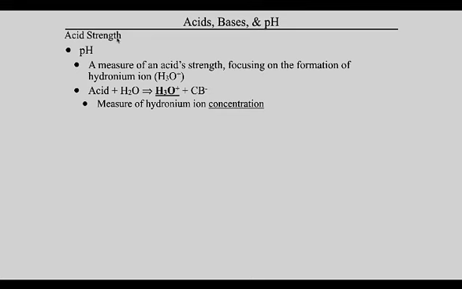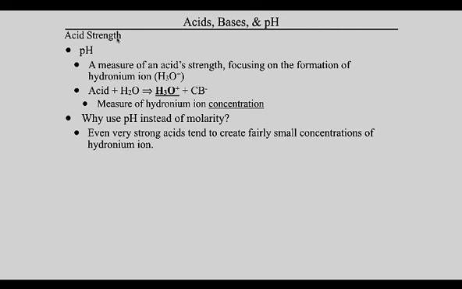So let me lead you through this progression of thought. So guys, why do we use pH instead of molarity? The answer is this. And again, please don't be taking notes. Guys, even really strong acids, those acids that if you spilled them on you, you're done. Even really, really strong acids actually create pretty darn small concentrations of hydronium ion.